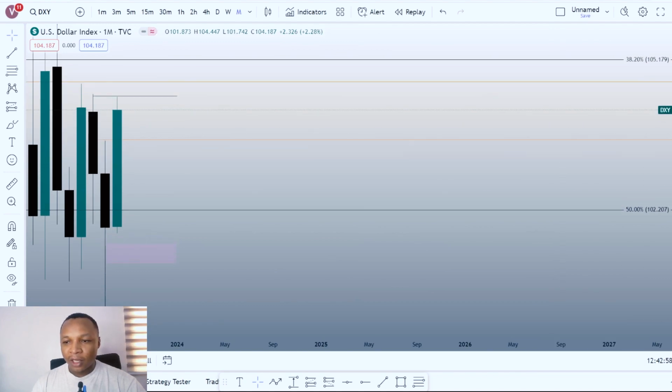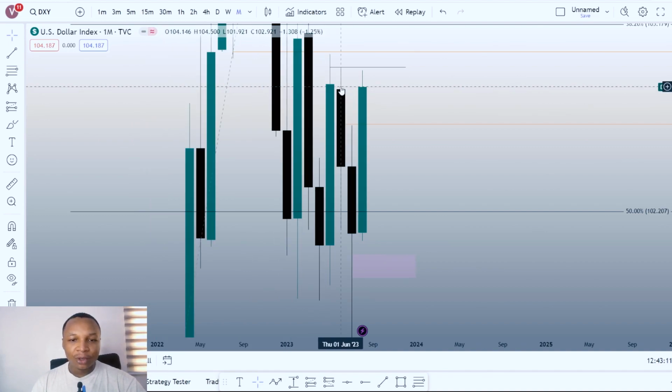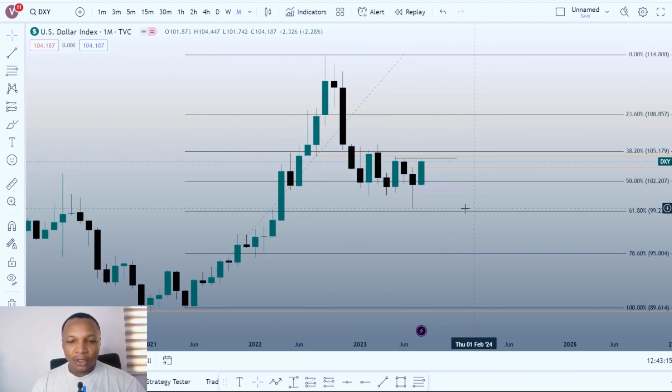Our bullish bias for the dollar is going to continue if the high of this month closes above the high of the last 3 months, the open of the last 3 months. So that is what we're looking at on the dollar. But overall, not to complicate issues, the dollar is currently bullish.